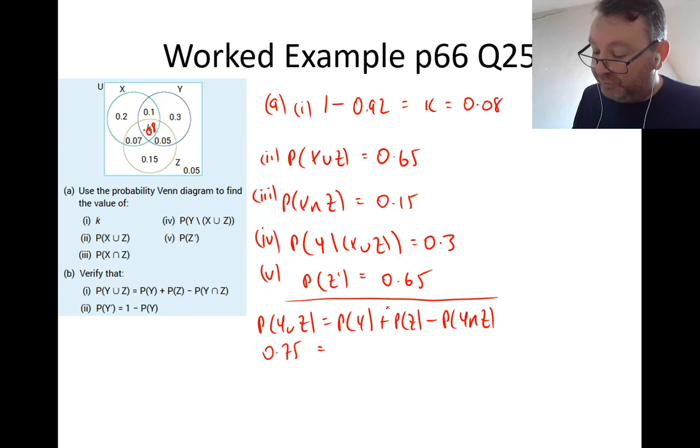Okay, let's see if the rest of this works. Probability of y, that's 0.4 plus 0.08 plus 0.05. That comes out as 53 over 100, that's 0.53.